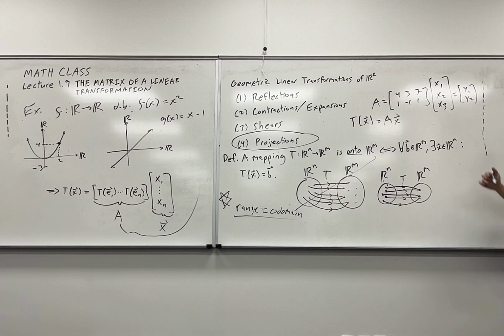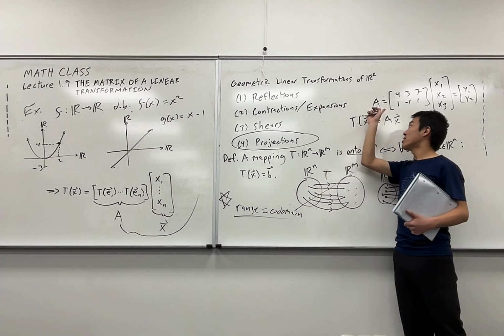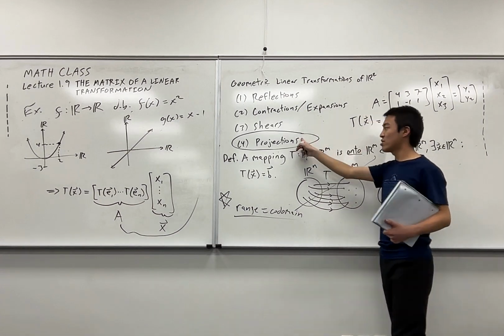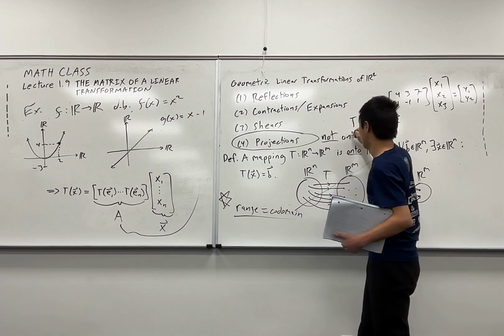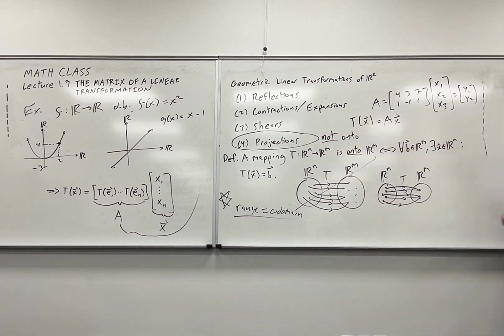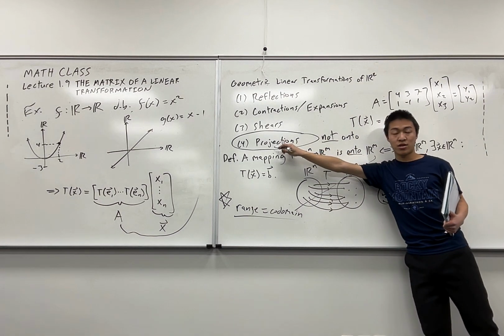That would be a good case of you can't access every single output vector because of the way the transformation is operating. So this one is definitionally not onto. If you want examples of not onto linear transformations, this is a good starting place.